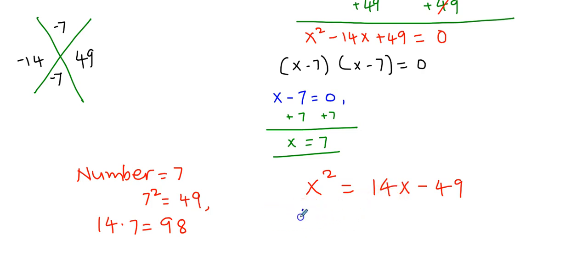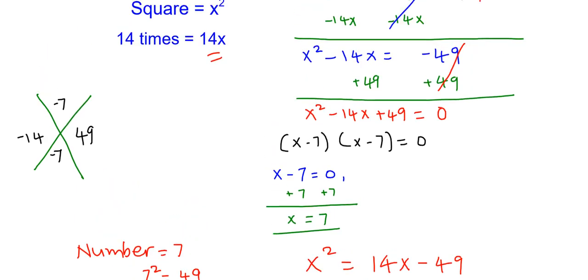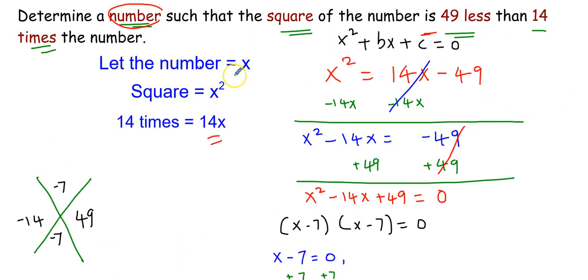So on the left hand side I have 7 square, that is 49, and that is equal to 14 times the number, which is 98, and take away 49. 98 minus 49 is again 49. That's a true statement. Hence it is verified. So our required number x is equal to 7, and it is satisfying this condition.